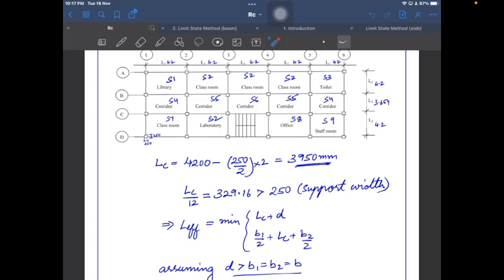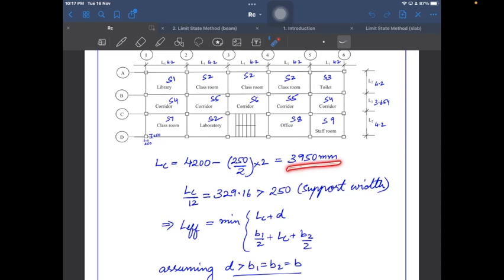They have given us center to center distances. Here we cannot see it, but it will be the center to center distance. So 4200 minus 250 by 2 into 2. I hope you got this.